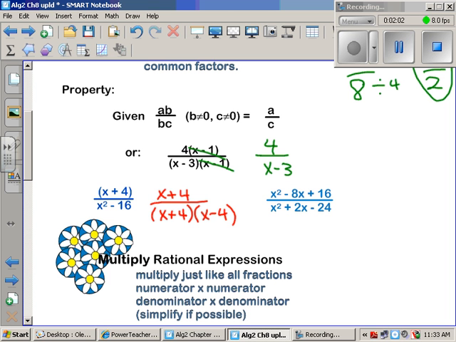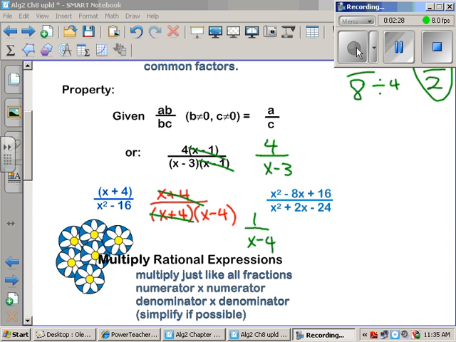And then once we factor these out, then I look for any common factors. Do these have any common factors? X plus 4. So I can cancel the x plus 4's out, and all I'm left with is 1 over x minus 4. Okay? So that's simplifying. Why don't you take a second and simplify that?